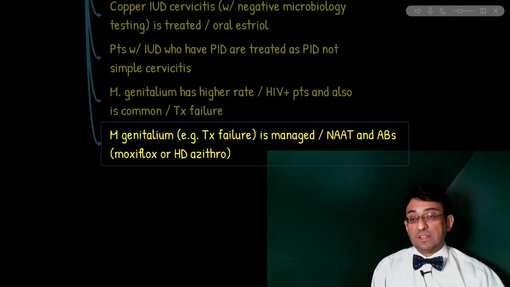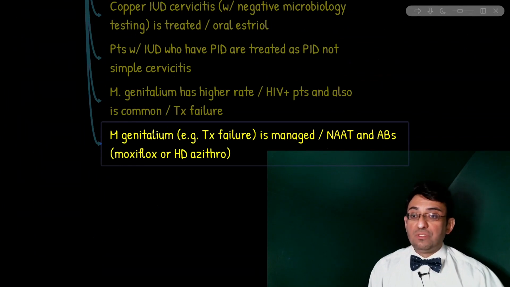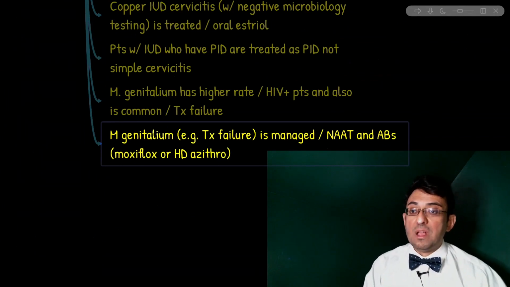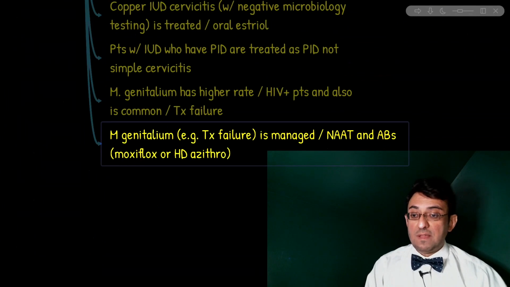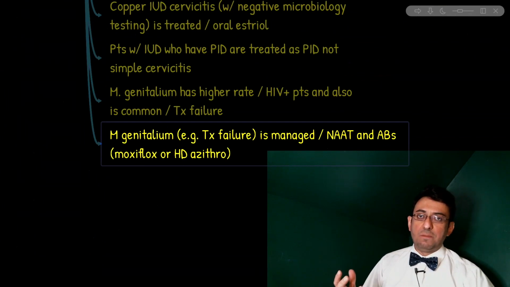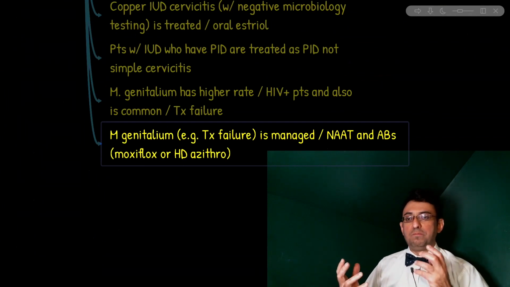The second important consideration is that all patients with cervicitis during pregnancy, similar to urinary tract infection, if you remember, require a test of cure. That's important to avoid obstetric or neonatal complications such as spontaneous abortion, preterm labor, or neonatal conjunctivitis, for example.